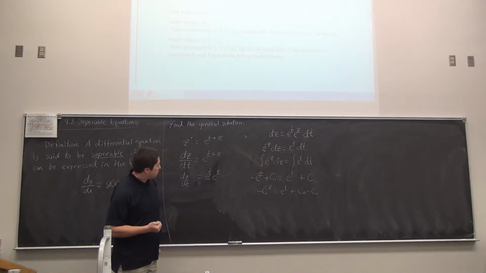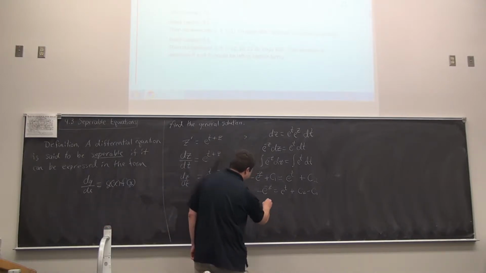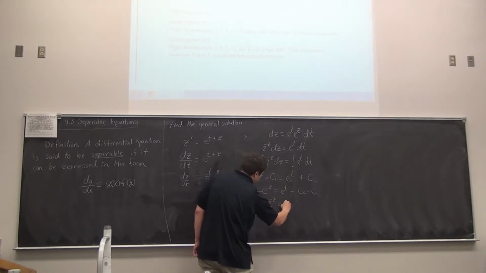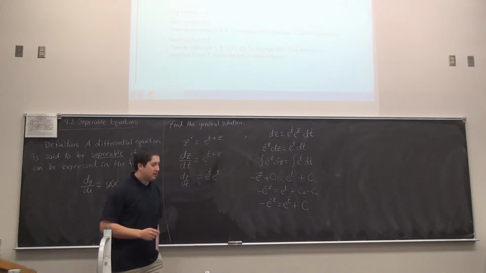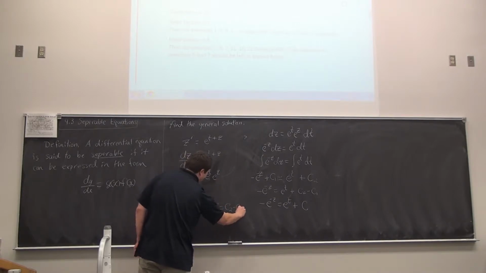Then the issue with c2 and c1 is they're completely arbitrary constants. They can both be any real number. So what we could say is an immediate follow-up step to this line, negative e to the negative z is now equal to e to the t plus just a general constant c, where this constant c is equal to c2 minus c1.